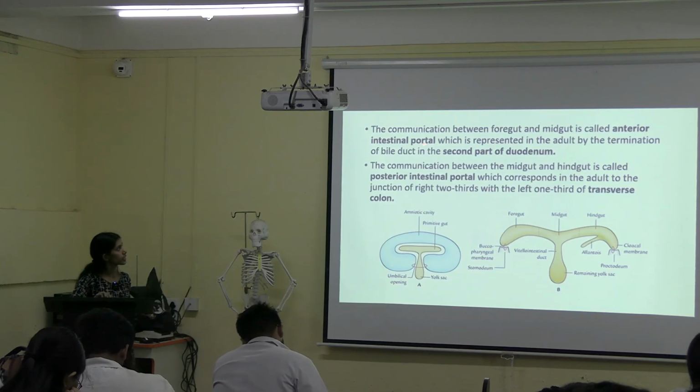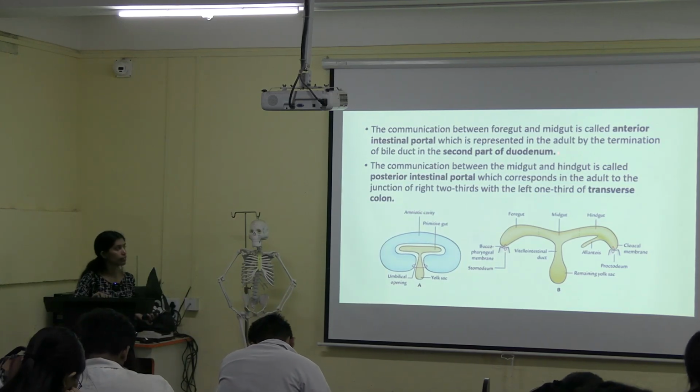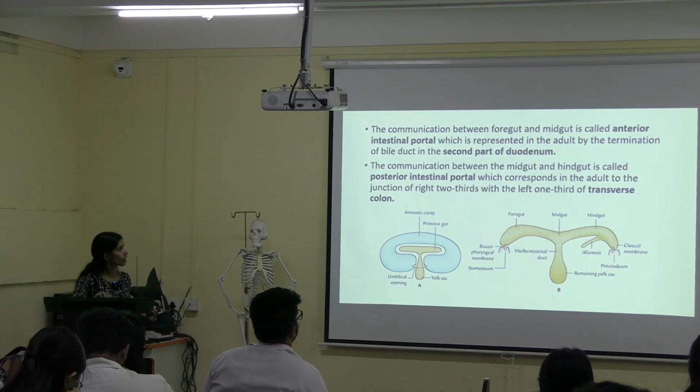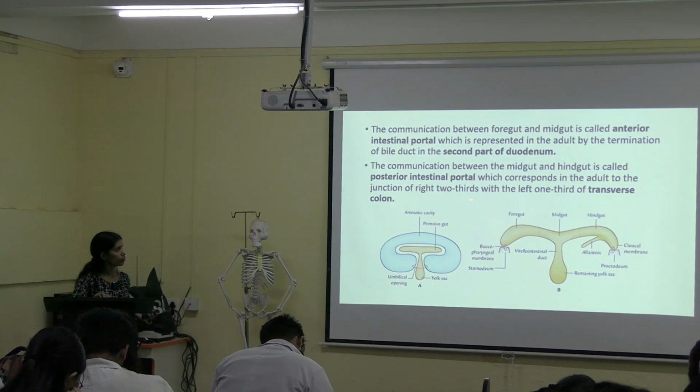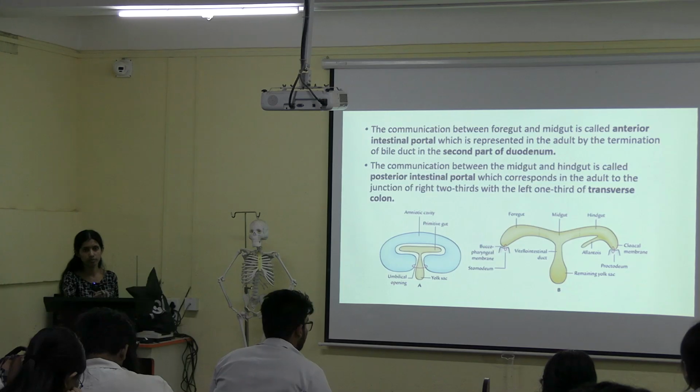So your anterior intestinal portal will give us the second part of the duodenum in the adult.